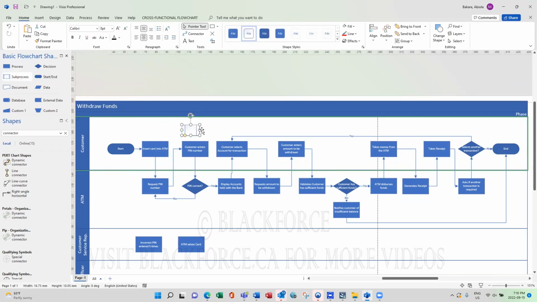I like my sub processes to be small. Actually, let me think about this for a minute. I'm trying to look at where to place it so this diagram doesn't look terrible with arrows going left and right.